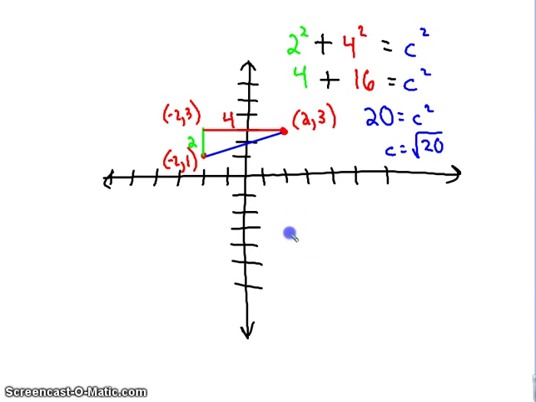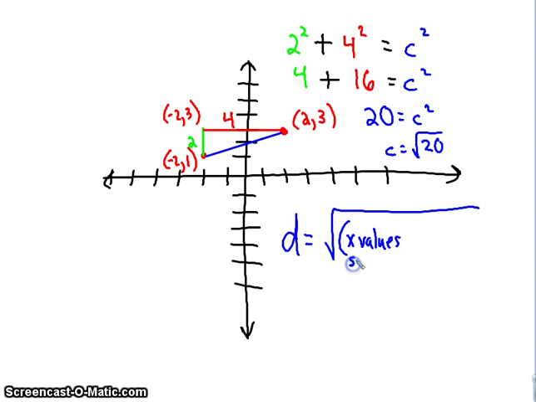And what it says is this: d is equal to the square root of the x's subtracted squared plus the y values subtracted squared.